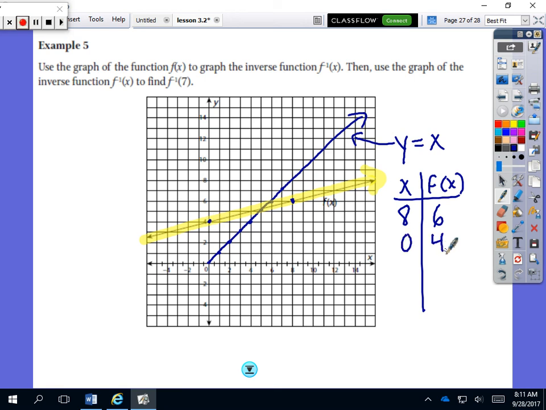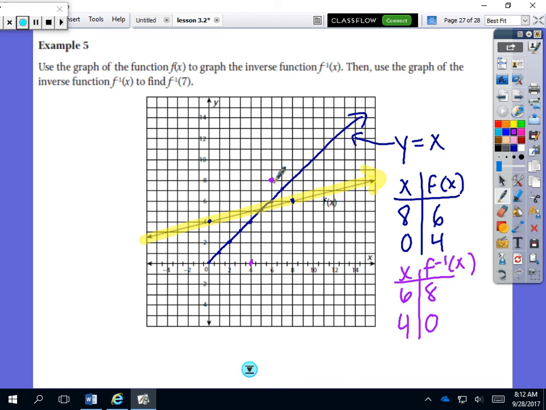Okay, so to do my inverse, I'm just going to flip those around. X, f inverse of x. Just flip your columns. So 6, 8 and 4, 0. So we'll graph 6, 8, and 4, 0.